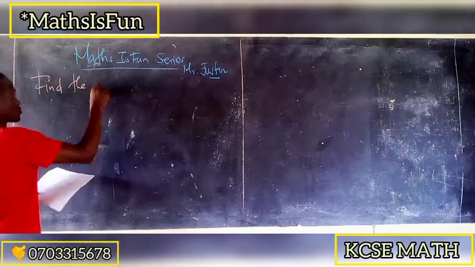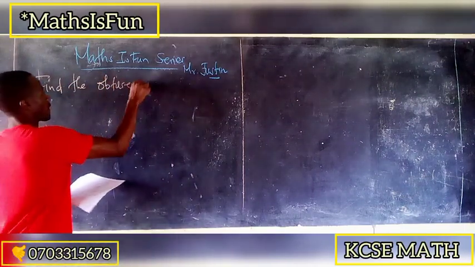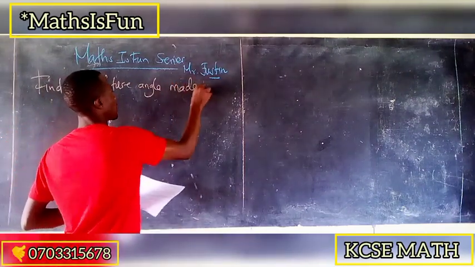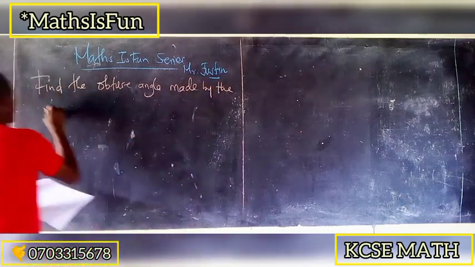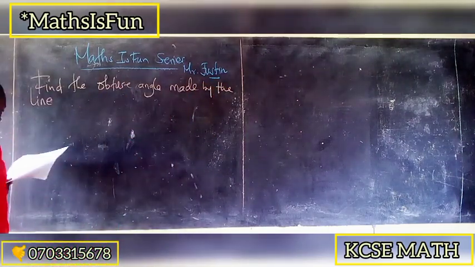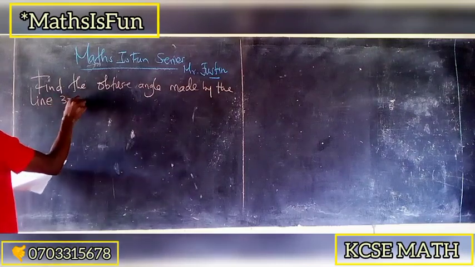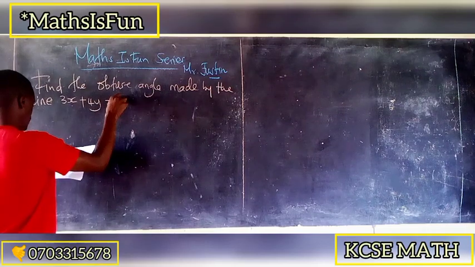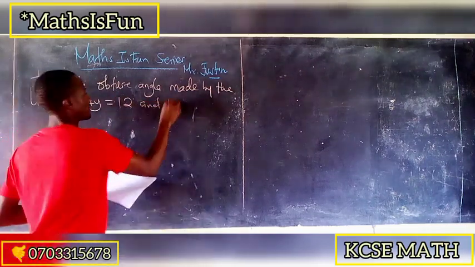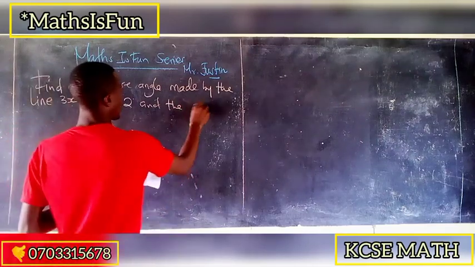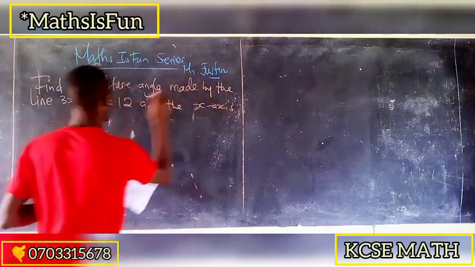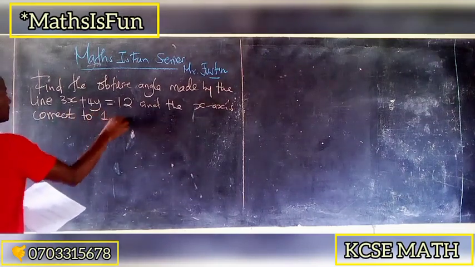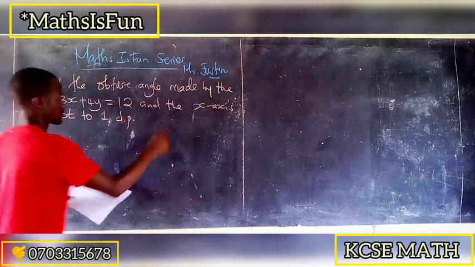Find the obtuse angle made by the line 3x plus 4y is equal to 12, and the x-axis, correct to 1 decimal place.